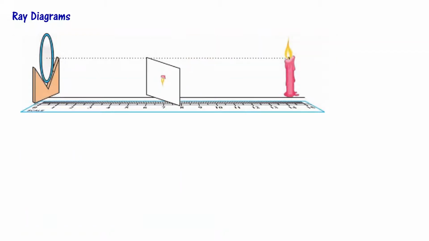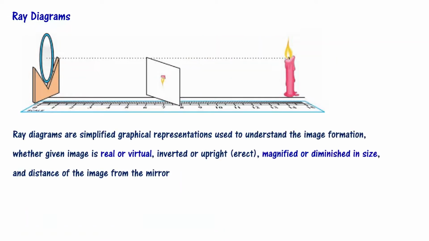Okay, now, రే డయాగ్రామ్స్ అంటే ఏంటంటే, ray diagrams are simplified geometrical representations. Okay, these are simplified geometrical representations used to understand image formation. Image formation అర్థం చేసుకోవడానికి we can use ray diagrams.